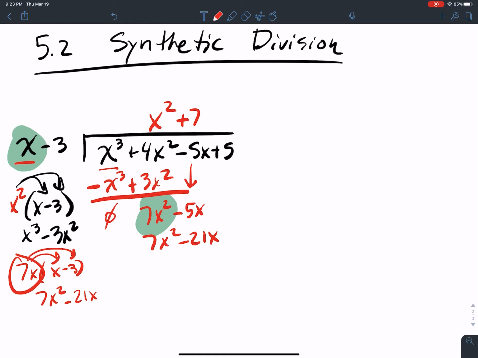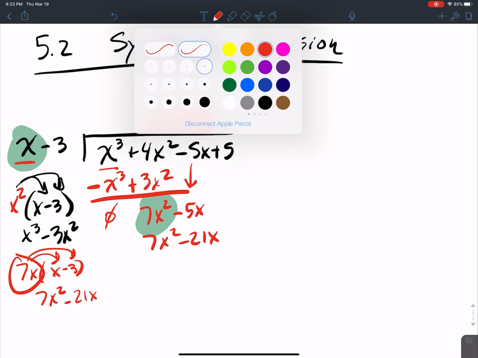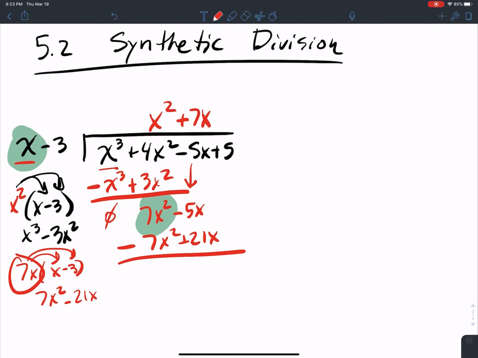I'm going to put plus 7x here. Then I draw the line, change the sign. I get a 21x and a minus 5x. That's going to be 16x. Drop down to plus 5.